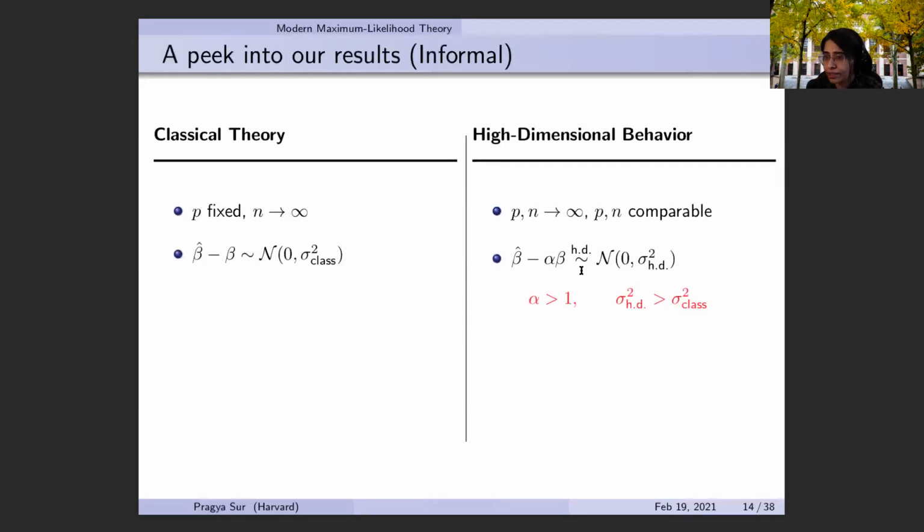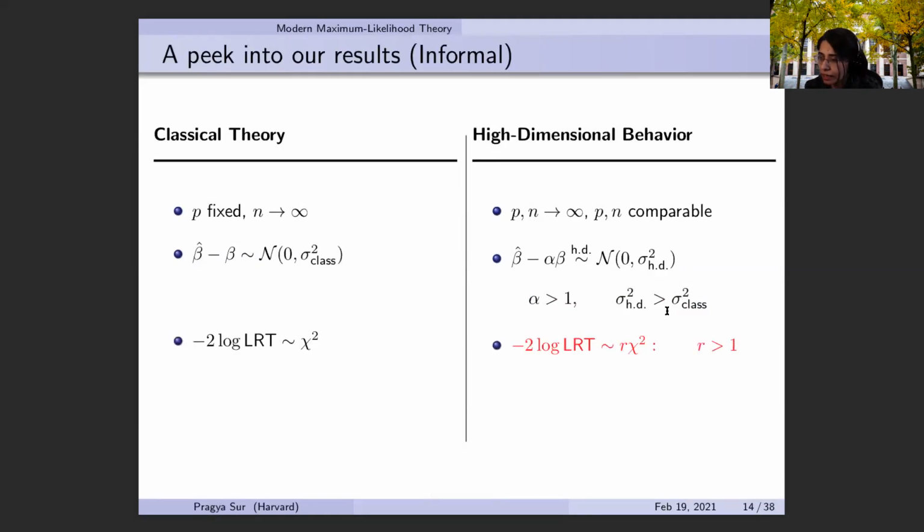What we know is that this multiplicative bias term is strictly bigger than 1. And this variance term is also bigger than the corresponding classical variance given by the inverse Fisher information formula. Okay, so that's one of our results.